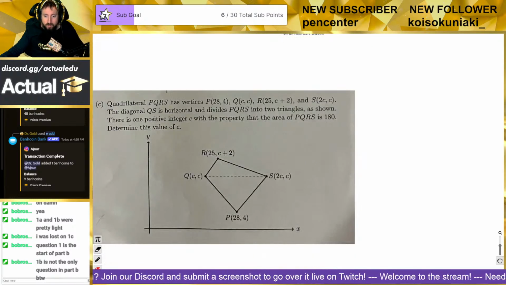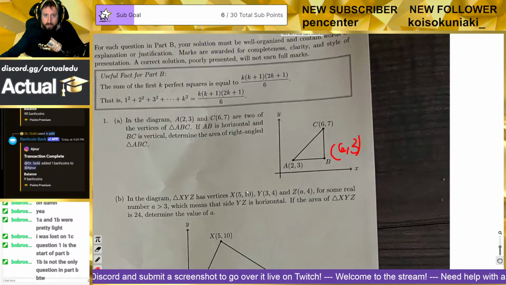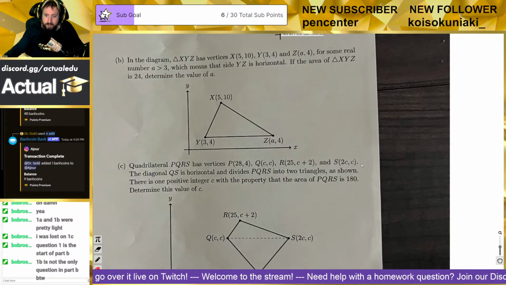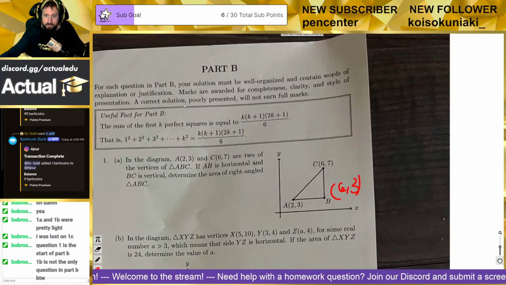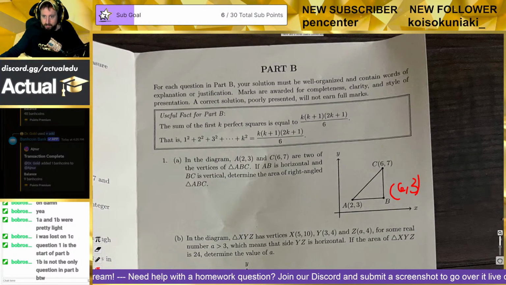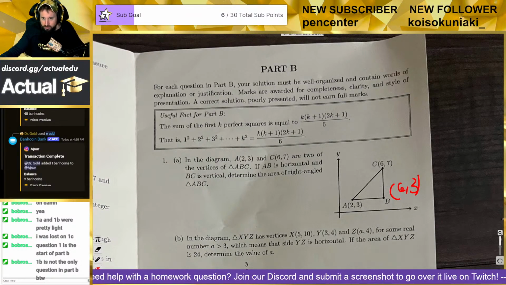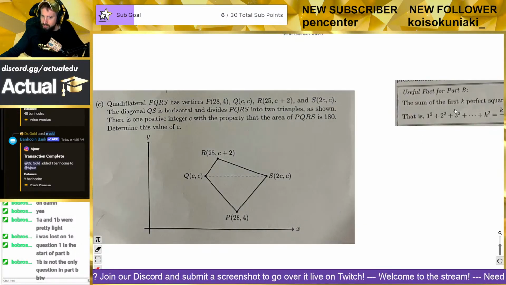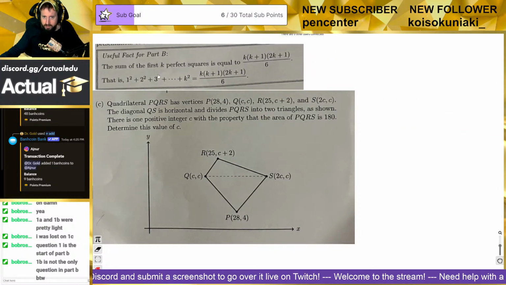Oh, 1B is not the only question in part B, by the way. Oh, I see, this is necessary for probably this. I think it probably is somehow. Let's take this. This says useful fact. We probably need it. Is this a series? Yeah, this is a series summation. This is a summation identity.